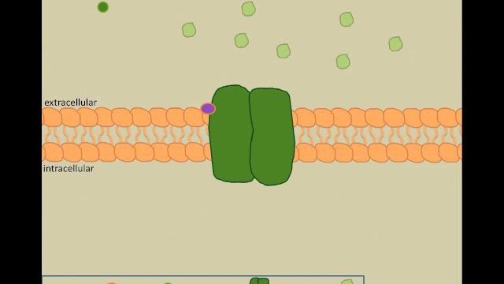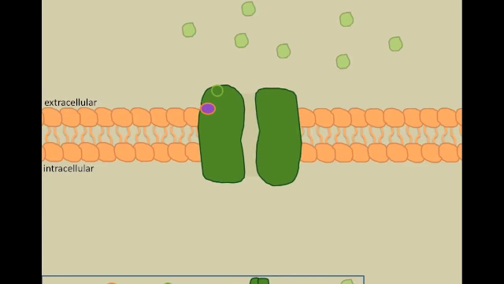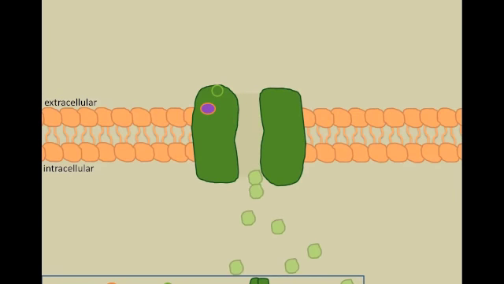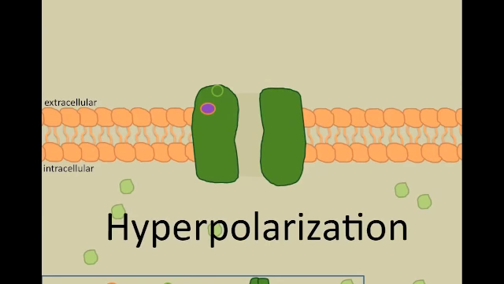So it's going to come down, and it's also going to attach to the GABA receptor. Once it does that, the light green circles, which are the chloride ions, all negatively charged, are going to come into the cell. What the midazolam ultimately does is increase the affinity for the GABA neurotransmitter to bind, and then leaves that channel open longer so more chloride can get in. And it all results in hyperpolarization.